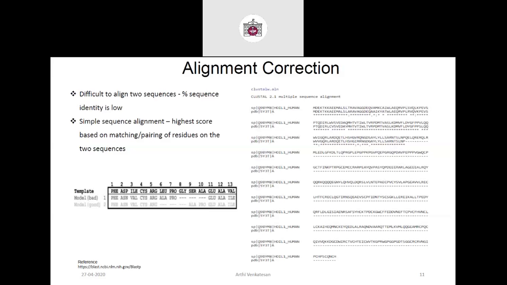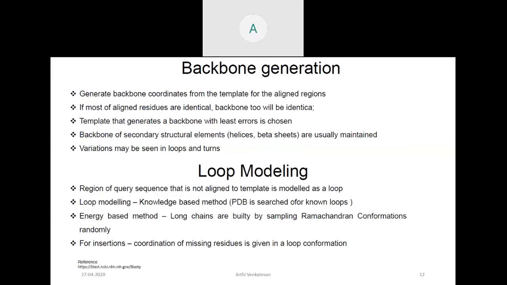Arthi, can you come back to the previous slide? Yeah, sure. So from this slide, you're saying that backbone generation and loop modeling are important protocols used in structural refinement.